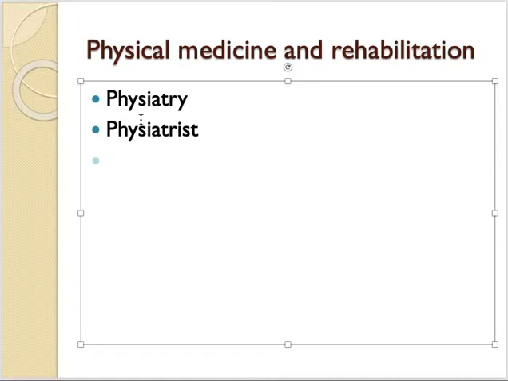There are many basic aims. For example, one aim is to treat the disease and prevent the complications, or to treat the disability and improve the function. Sometimes they use some special prostheses or tools to help them. Sometimes they teach the patient or the family to make some lifestyle changes.